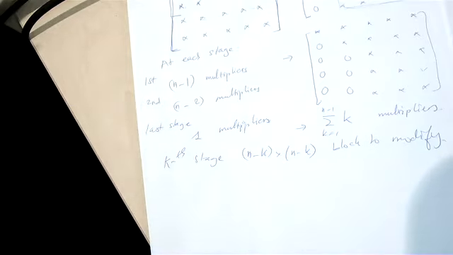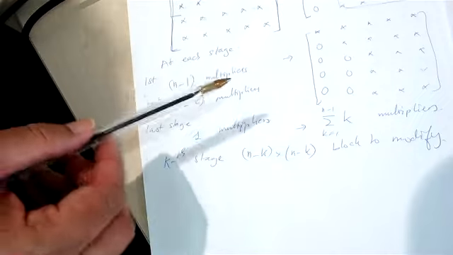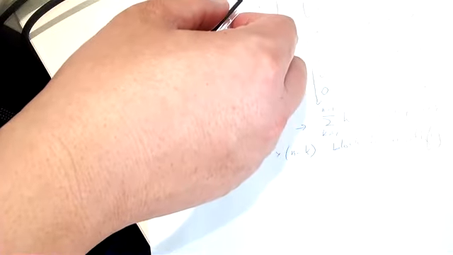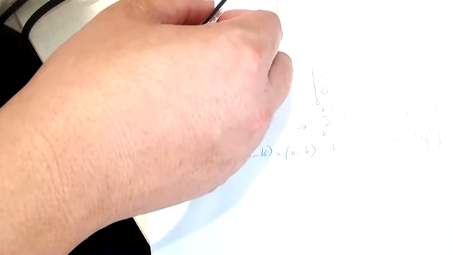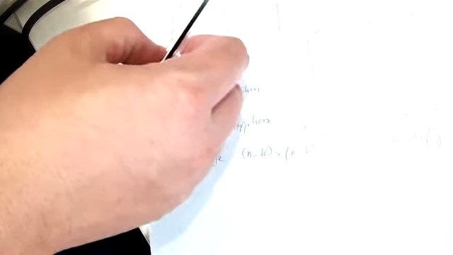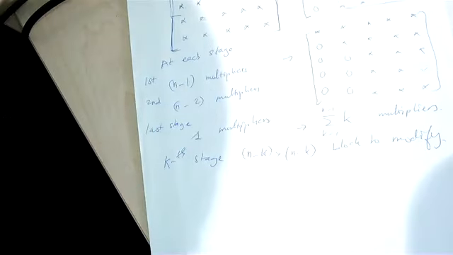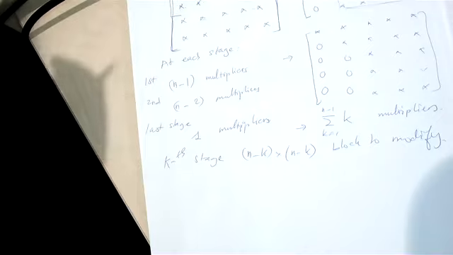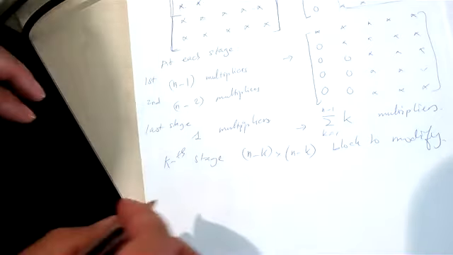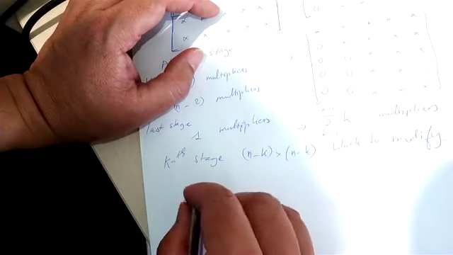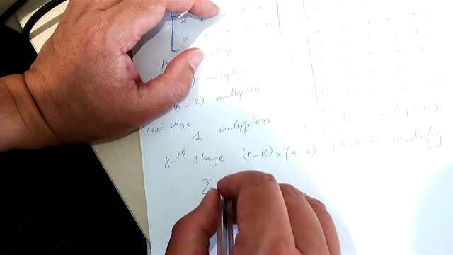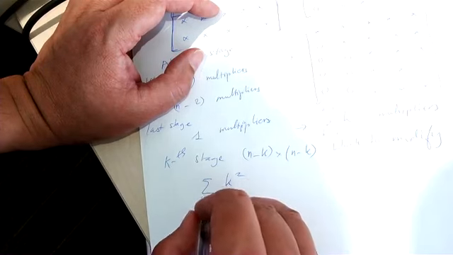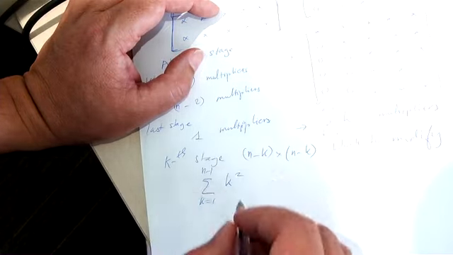In each entry, essentially, I have to do 1 addition, 1 multiplication. So roughly, I have about k squared operations. So totally, the number of operations is about the sum of k squared, with k running from 1 to n minus 1.